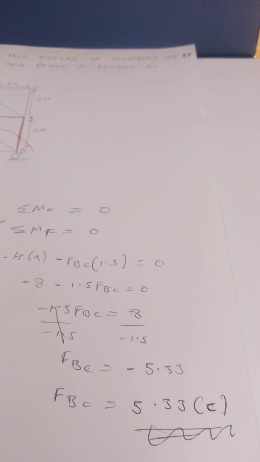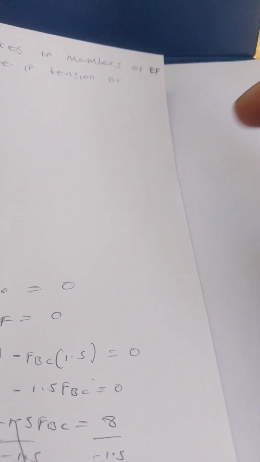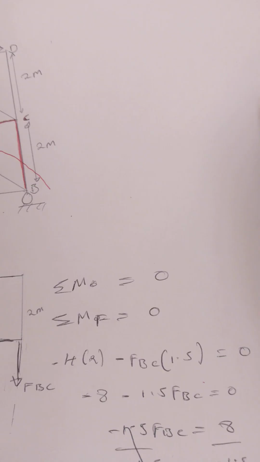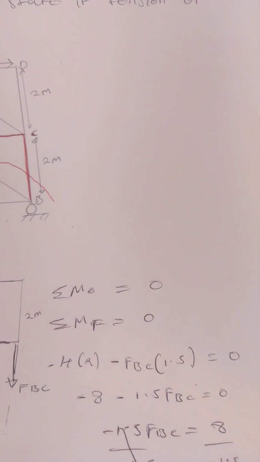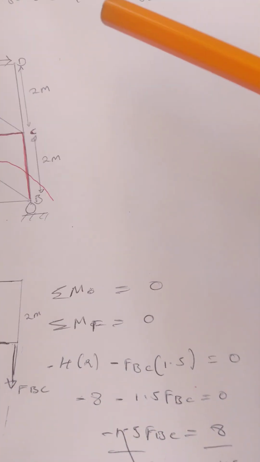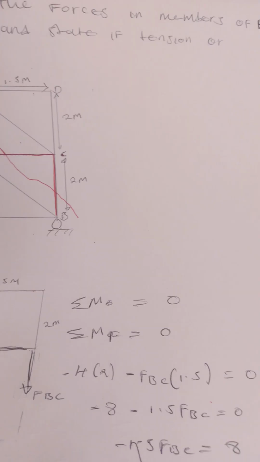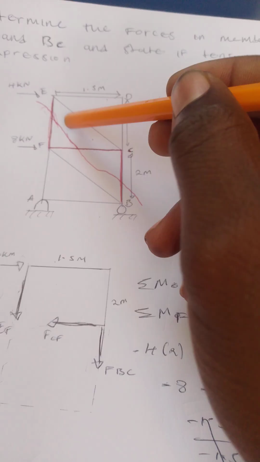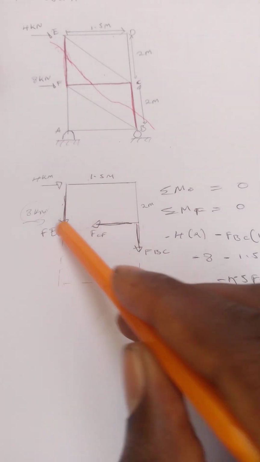Okay, so let's proceed to the next equilibrium equation, which is summation of the forces in the x is equal to 0. So in the x, how many forces do we have? We have this force and that force. Here, take note, we should not be using this diagram, but you have to use our free body diagram for everything.